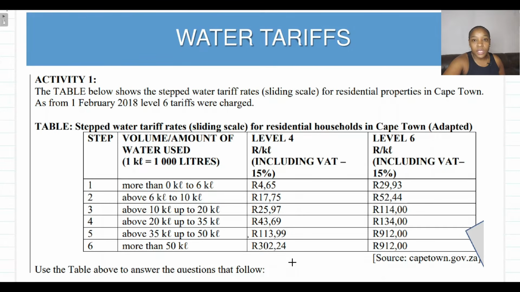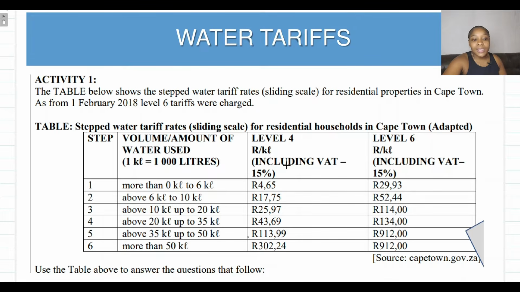So what I was saying is shown here: the more water you use, the more you pay per kiloliter of water that you consume. That is why the sliding scale, or tiered system, is used for water tariffs, to discourage people from using too much water.